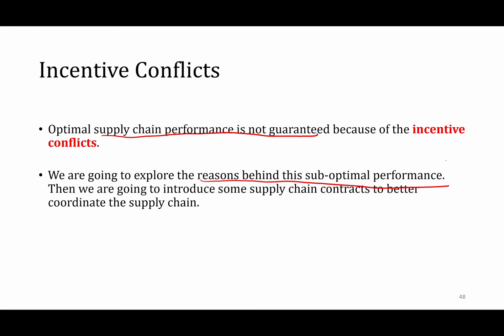And the answer is double marginalization, what we talked about last time. And then once we understand that, we will introduce some supply chain contracts in order to better coordinate the supply chain, in order to achieve the best profit that the supply chain can make together.